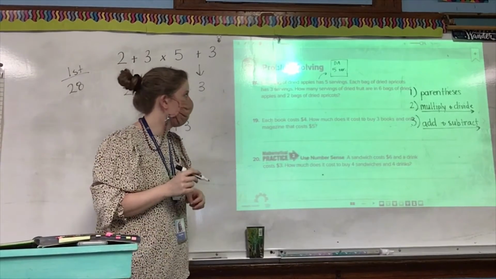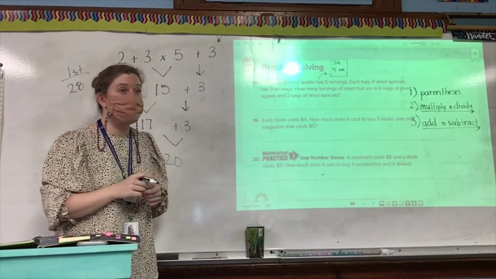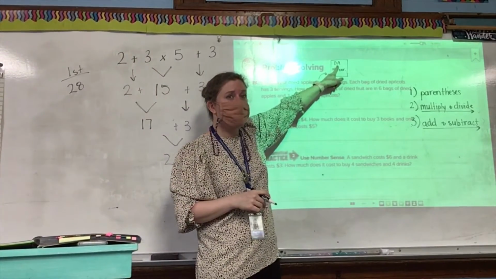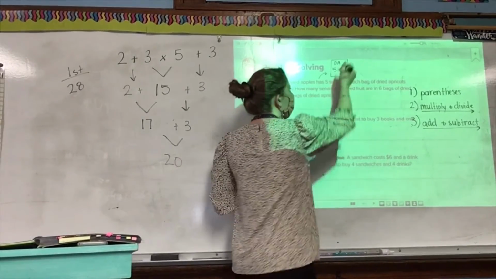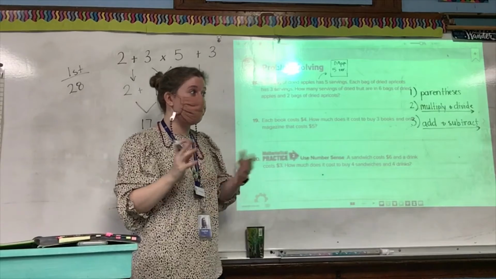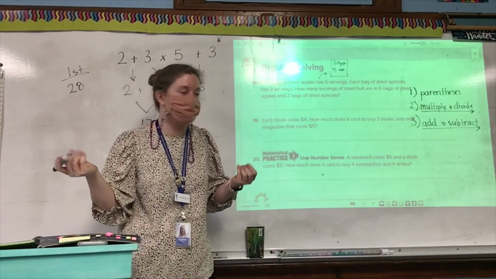Each bag of dried apricots has 3 servings. Ooh, I'm going to have to figure out how to change my drawing a little bit so that I know that this is apples. So I'm going to put DAPP, so I know it's dried apples because dried apricots has the same initials.